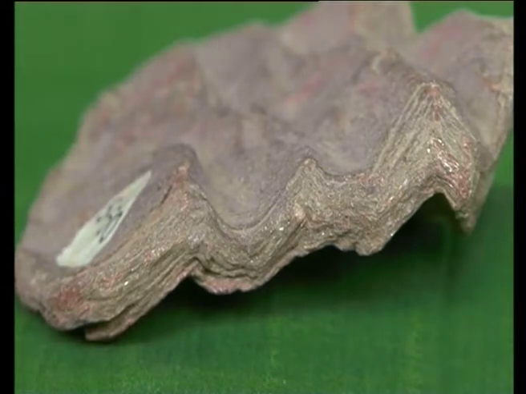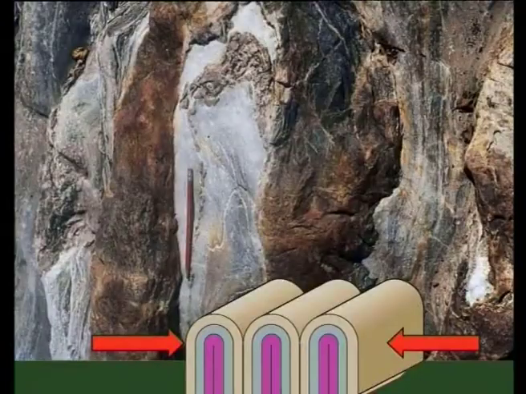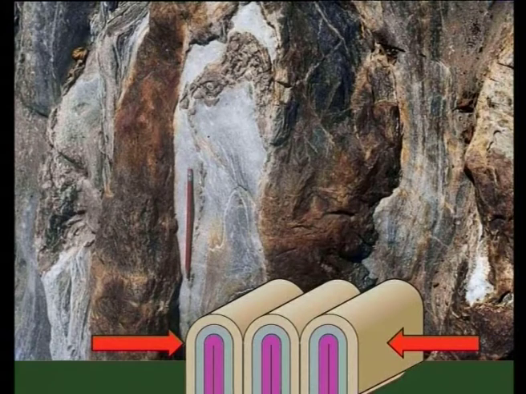While discussing buckle folds or flexure slip folds, we must keep in mind that the orientation of the cleavage planes systematically disposed against the axial plane is different in the competent and incompetent layers.